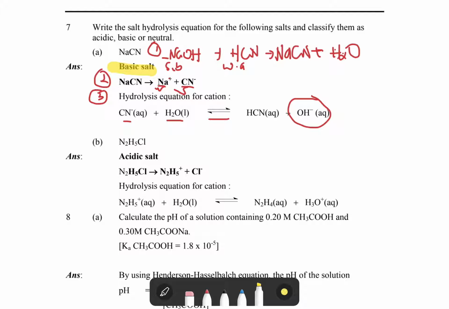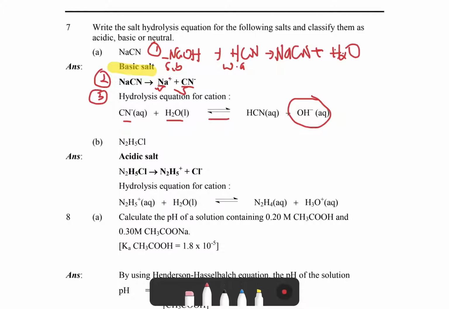Okay, so first you need to write the productions ataupun formations of the salt, and you determine the base is weak or strong, acid is weak or strong. Okay, and then you must write the second equations mesti ada.